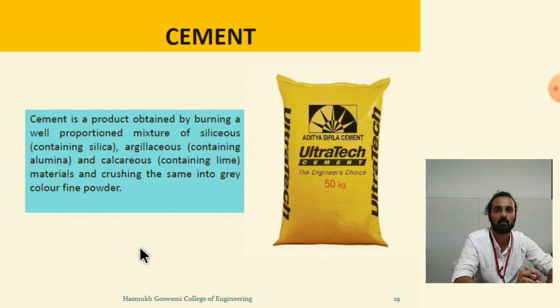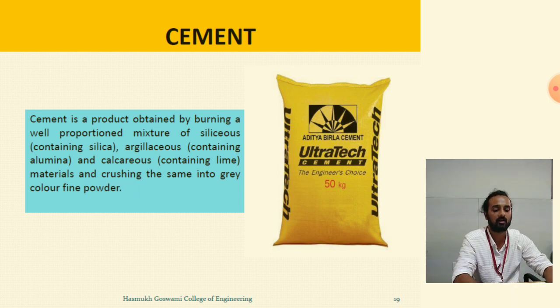Moving towards the topic of cement. You have been seeing cement in the construction industry. It is a product obtained by burning a well proportioned mixture of siliceous, argillaceous and calcareous materials and crushing them into grey colored fine particles.